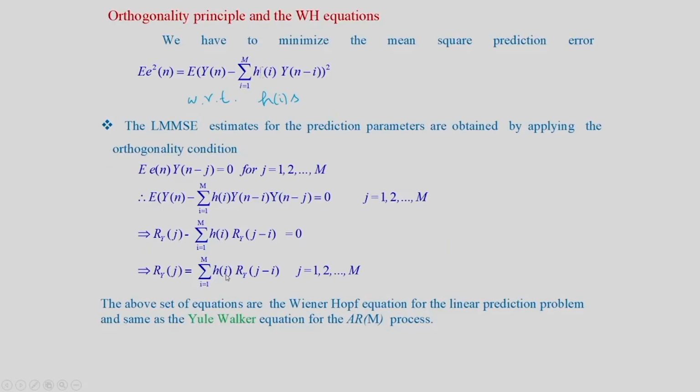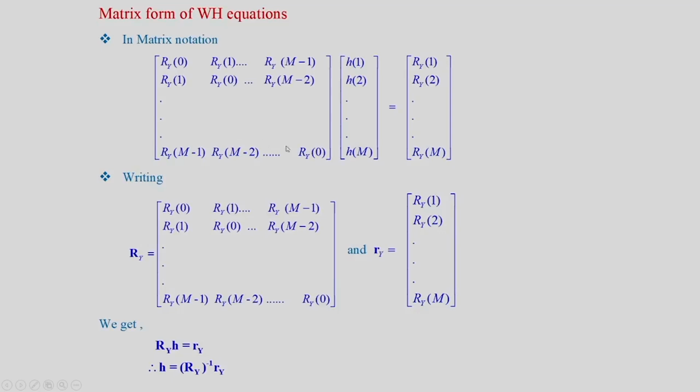r_y(j) is equal to summation h_i into r_y(j minus i), i going from 1 to m, for j equal to 1 up to m. So, this set of equations we can write in the matrix form like this.